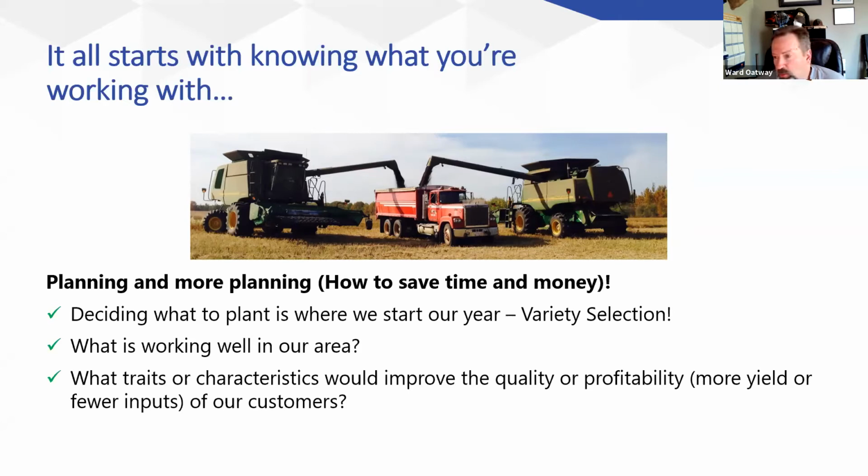Variety selection, what works well in your area. What works well for me might not work well for someone else in another area of the province or other provinces. For us, like I said, feed barley is a big thing in our area.